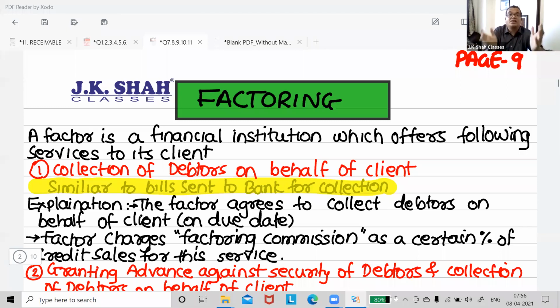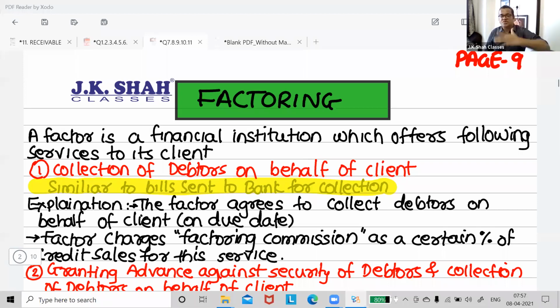Explanation: the factor agrees to collect debtors on behalf of the client on the due date, not before that. Obviously, you will not do it for free. There you used to pay bank charges. Here you will pay factoring commission. So the factor charges factoring commission as a certain percentage of credit sales for this service.